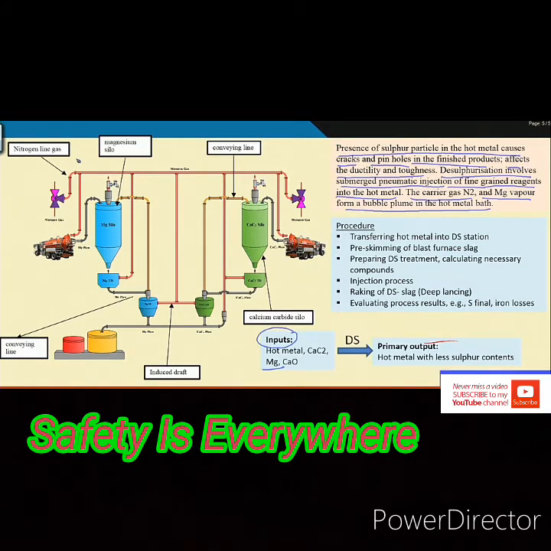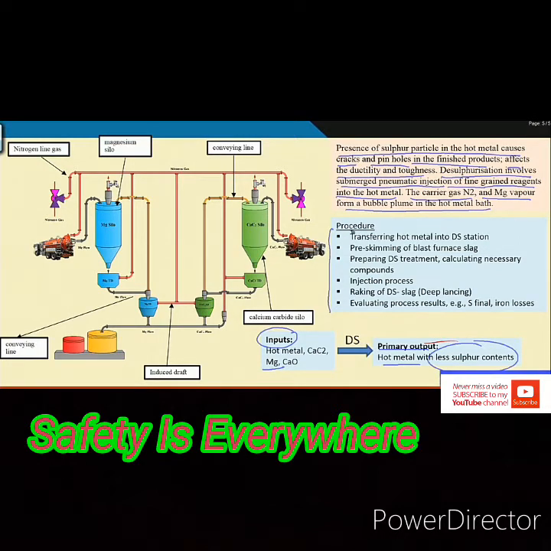All those are there for a certain purpose. Ultimately, all those are hazard elements, and there will be several initiating mechanisms, and several threats may be realized, not will be, may be realized. So, what is the output? Primary output: hot metal with less sulfur content.